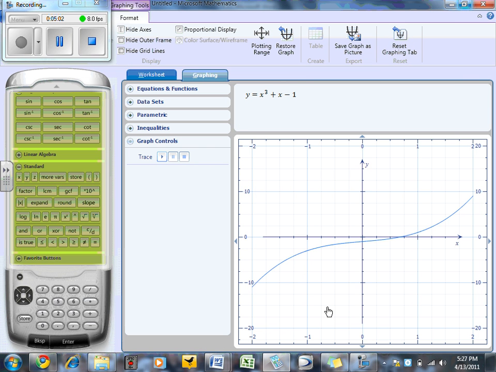We'll see what x cubed plus x comes up with. Our graph shows that it's going to pass the horizontal line test. I don't think I can draw a horizontal line anywhere here and pass the graph twice. It's always increasing, so we're going to have an inverse of that function.